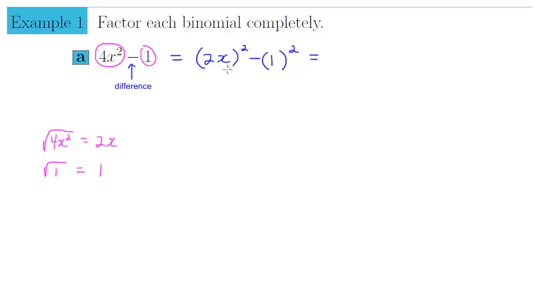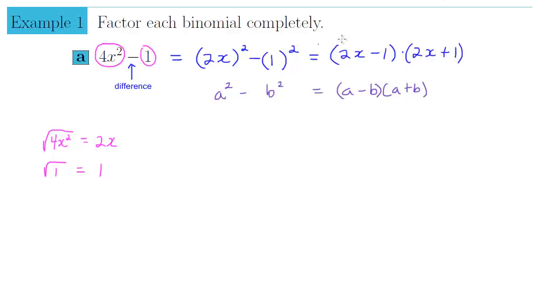And then we can apply the difference of squares formula, which says if you have a squared minus b squared, you get a minus b, a plus b. In the context of this problem, that means if you have 2x squared minus 1 squared, you're going to get 2x minus 1 quantity times 2x plus 1 quantity.